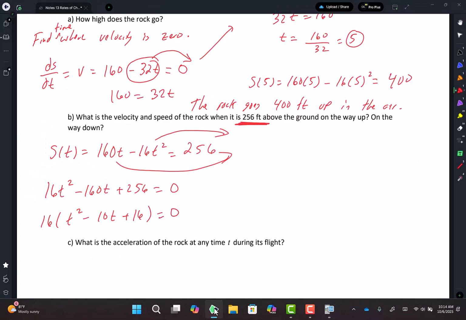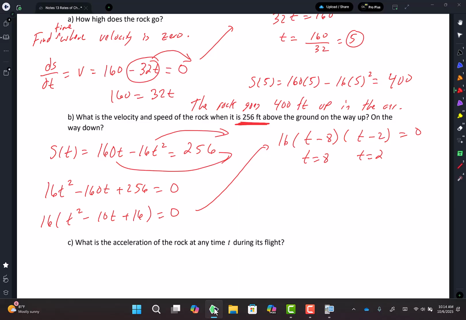Two numbers that when I multiply give me 16 but added up to negative 10. Perfect. t minus 8, t minus 2. So I get two values where this rock is at 256 feet.